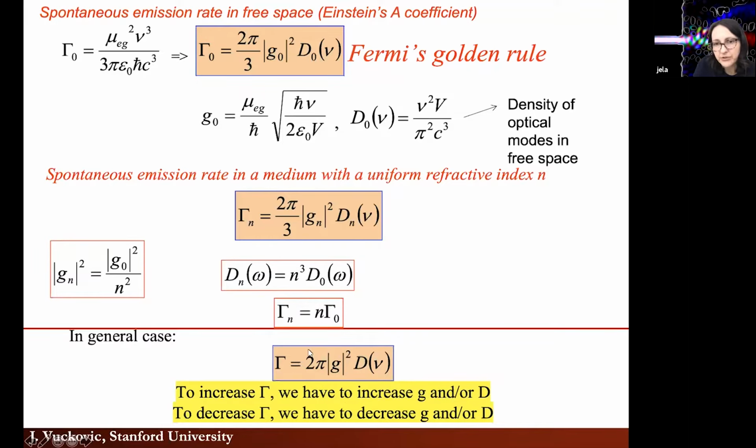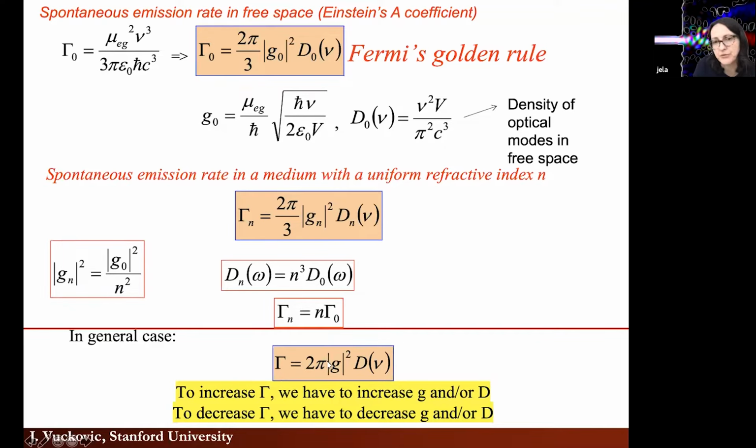And here I'm not writing a factor of 1/3, because now we're changing the medium and we're not really talking about averaging and picking only 1/3 of the modes. It could be a medium where only one mode can interact with the atom, or some different number of modes, but we're omitting that from the expression because the 1/3 here basically just came from averaging in free space.